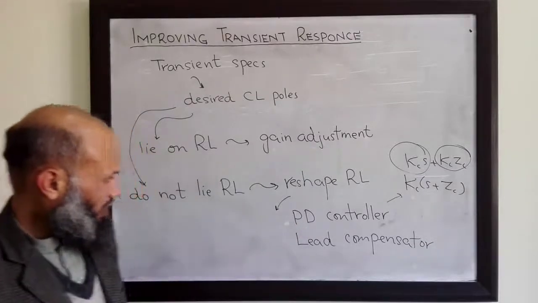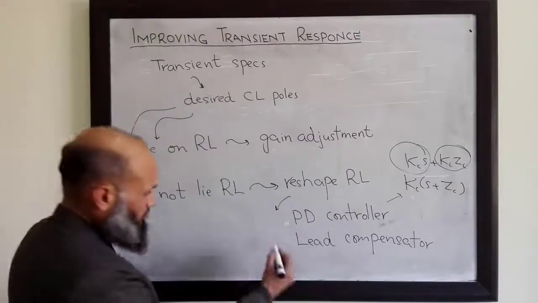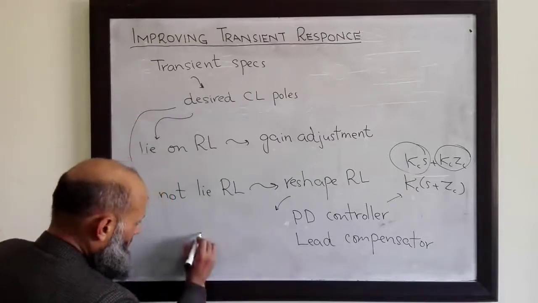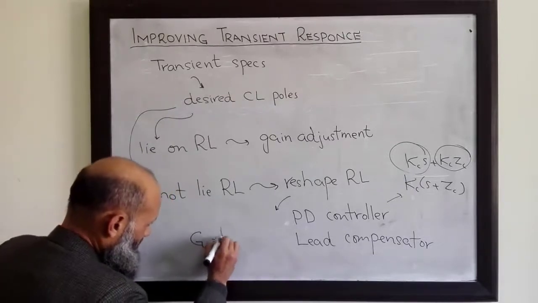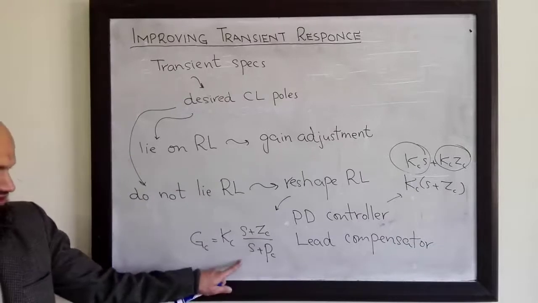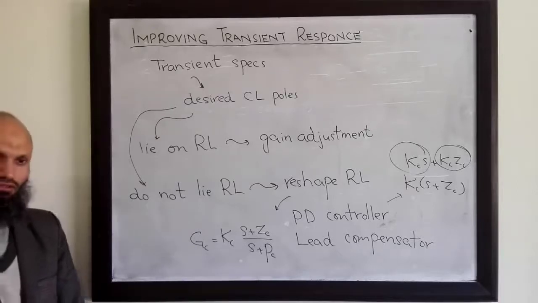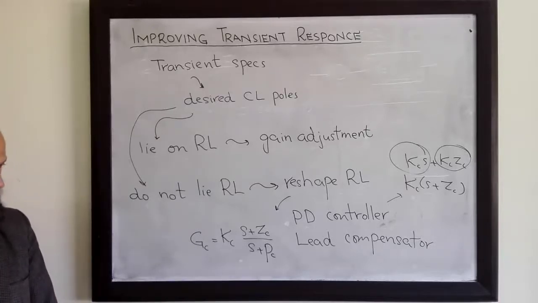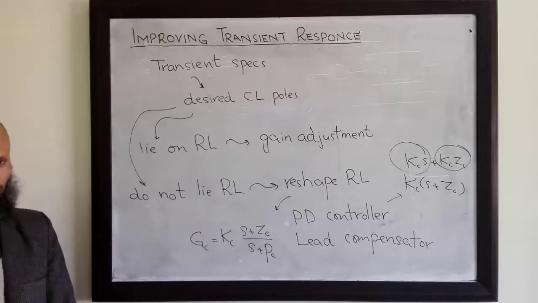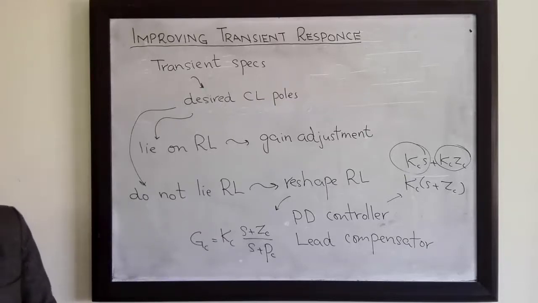The transfer function of lead compensator looks quite similar to that of lag compensator. In the case of lag compensator, we did not want to change the shape of root locus. That is, we were satisfied with the transient characteristics and we did not want to modify the root locus.